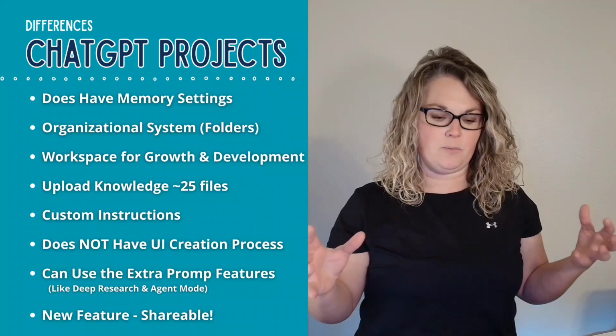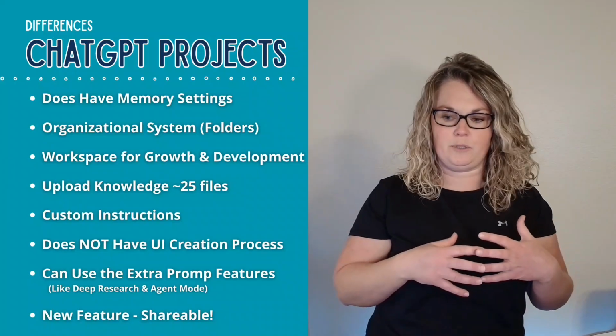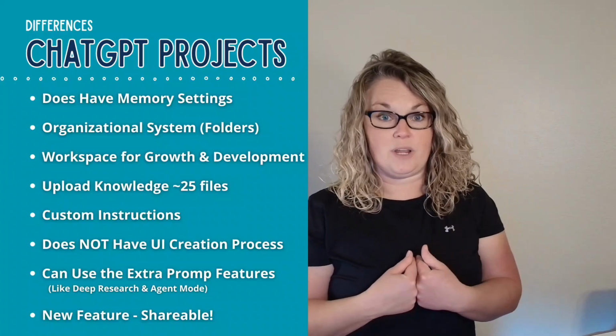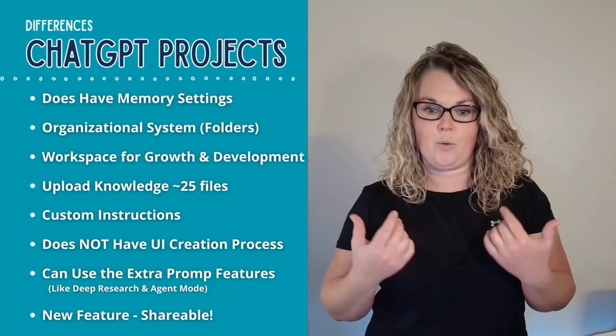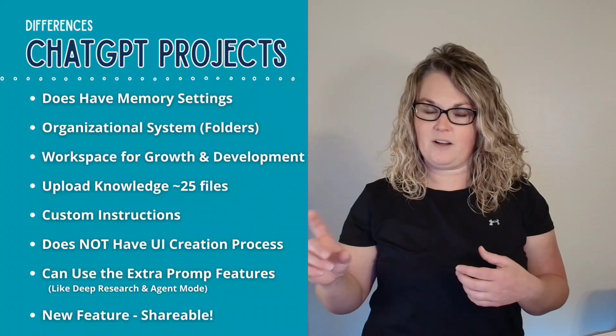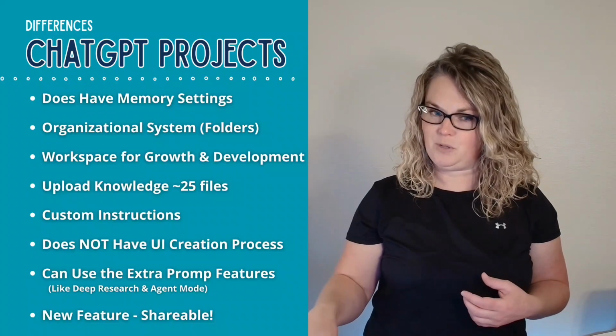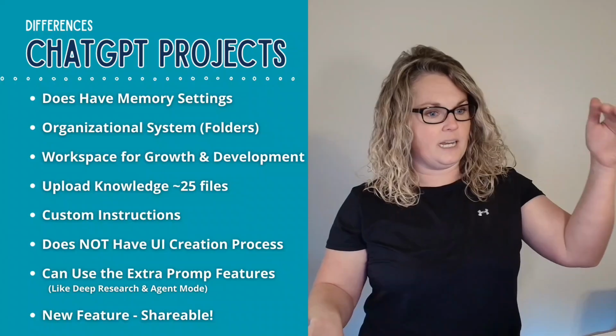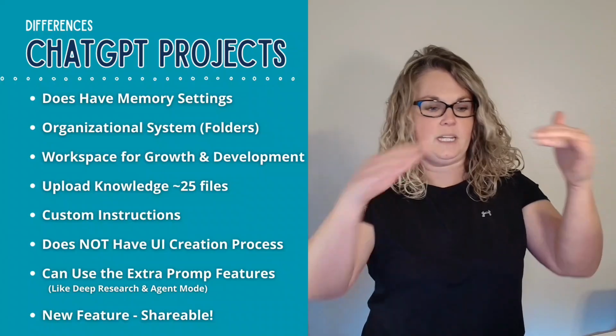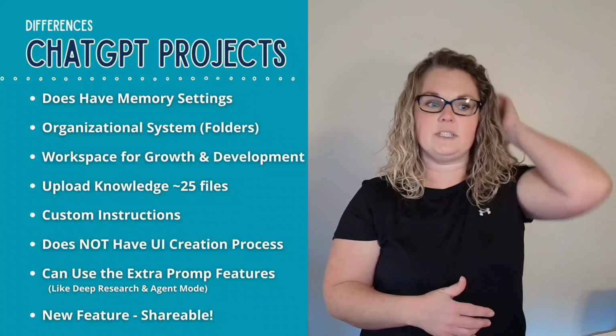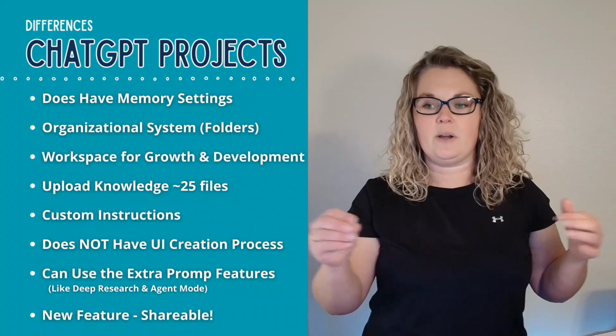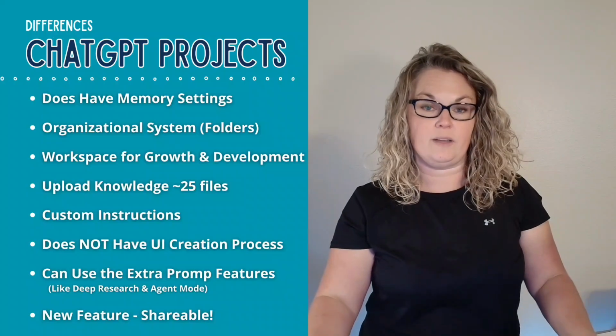When ChatGPT Projects first rolled out, I viewed it as a way to organize the conversations I have with my custom GPTs. I'd have a conversation with my custom GPT and it would fall in line with all my other conversations, and I'd want to pull them out and put them somewhere I knew I could go back and reference them.